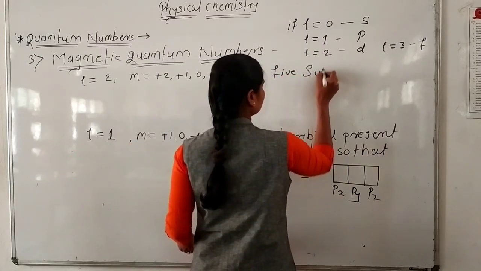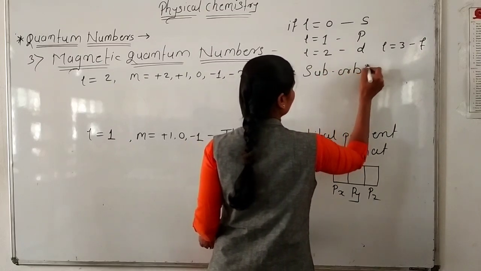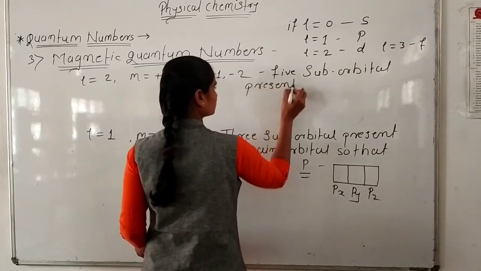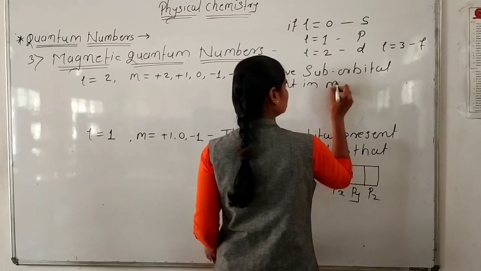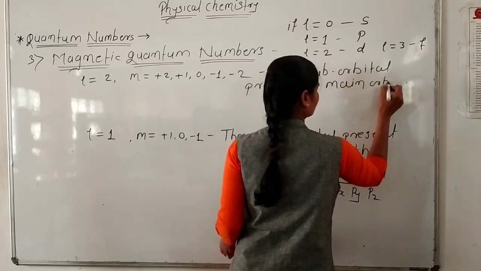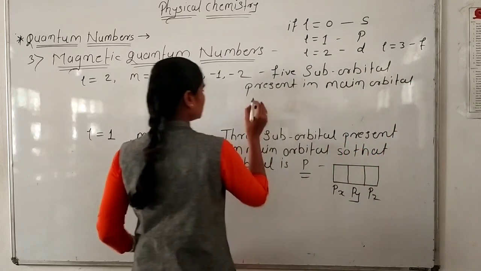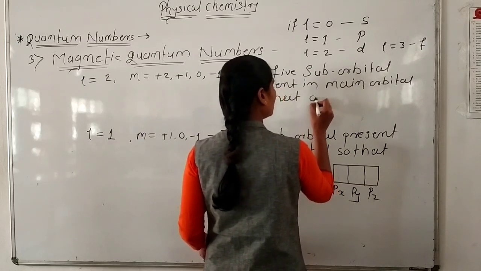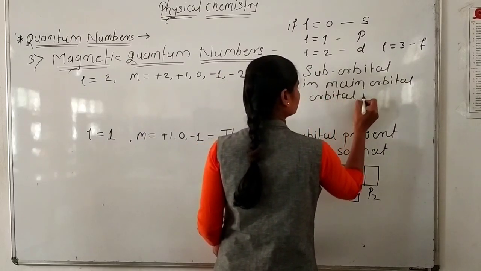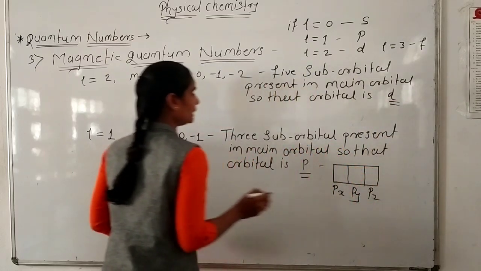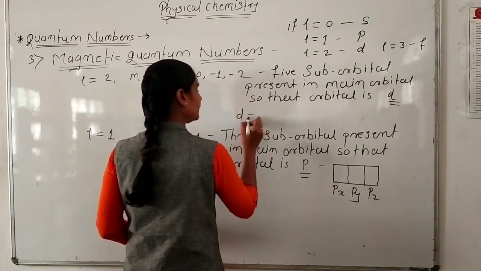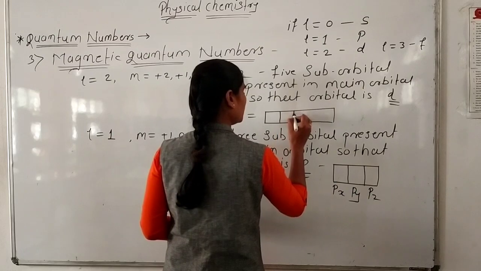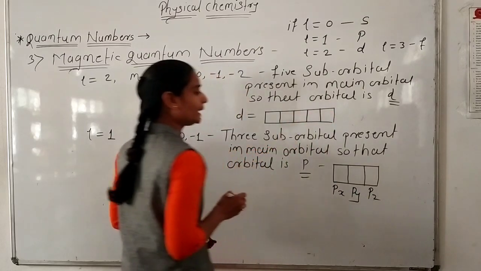So 5 suborbitals present in the main orbital. So that orbital is the d orbital, and we know that the d orbital has 5 subshells: 1, 2, 3, 4 and 5.